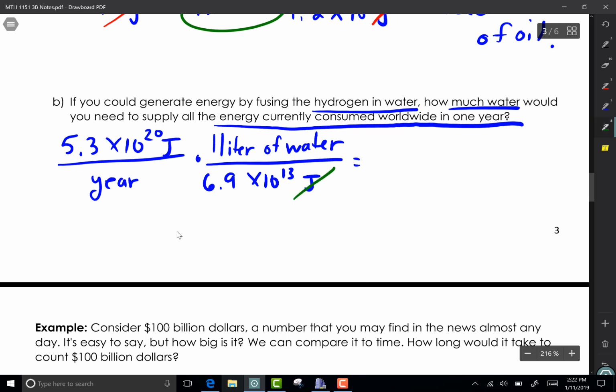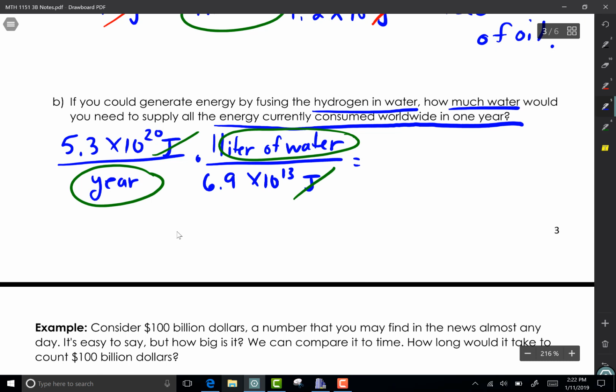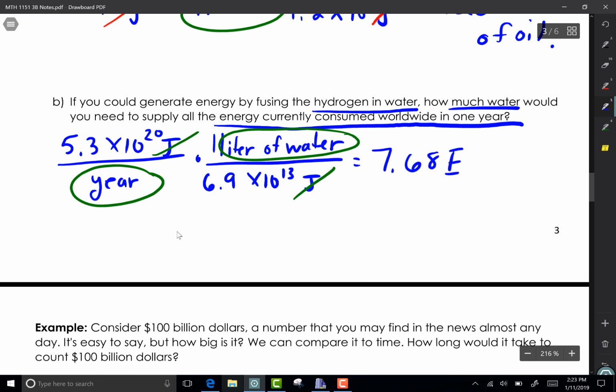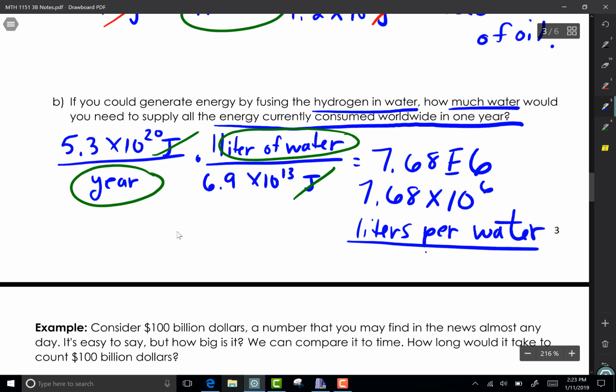So I can cross off my joules, and that's left with liters of water per year, which is what we're looking for. So I'm going to put in my calculator 5.3 times 10 to the 20th over 1 times 1 over 6.9 times 10 to the 13th. And the calculator gives me 7.68 e to the 6th, which means 7.68 times 10 to the power of 6 liters of water per year.